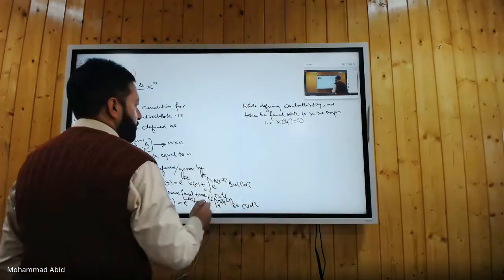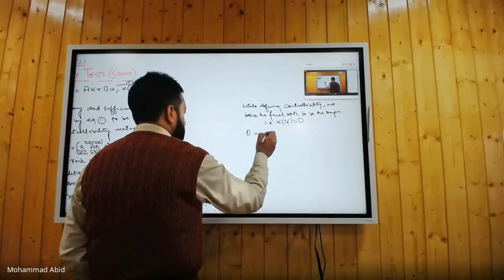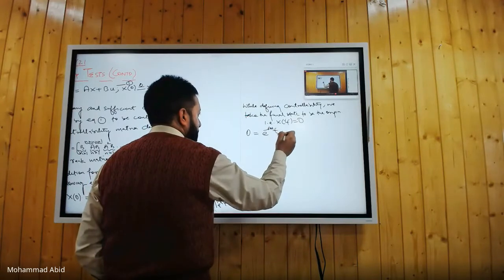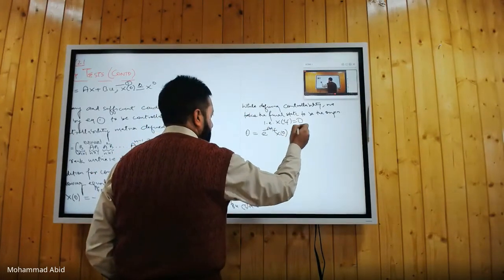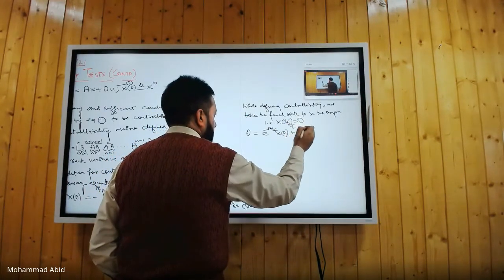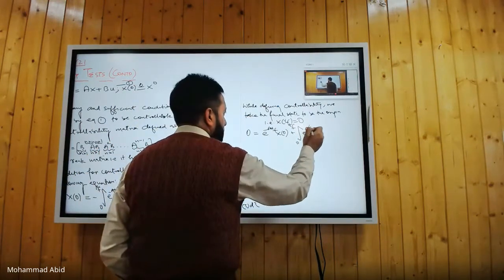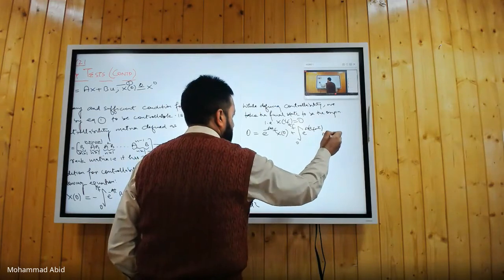So when we substitute it here, what do we get? We get 0 is equal to e to the power A tf x0 plus integral from 0 to tf of e to the power A(tf minus tau) B u(tau) d tau.